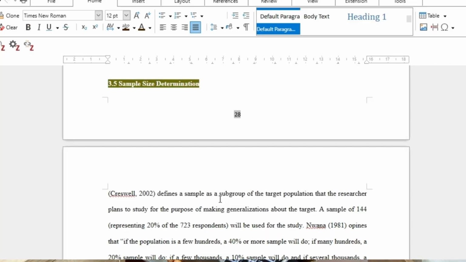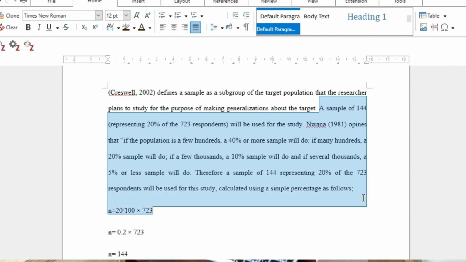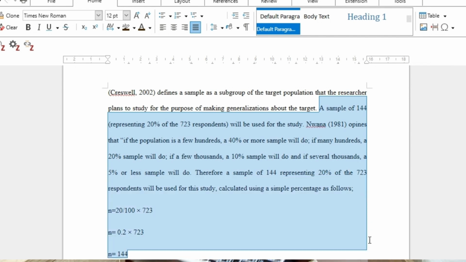Let me read the formula that was used in this study. I wrote that a sample of 144 representing 20% of the 723 population will be used for the study. I don't know if I'm pronouncing this name right, 1981 opines that if a population is many hundred, a 20% sample will do.